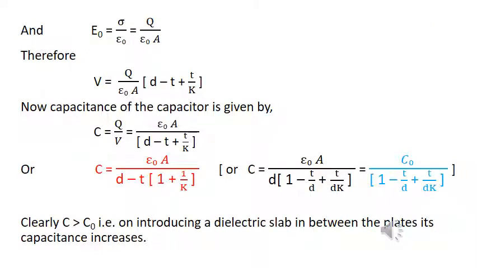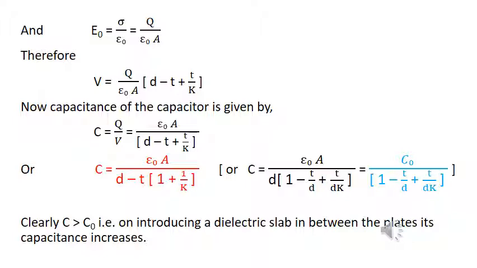Also we know that E naught is equal to sigma by epsilon naught, which is Q by epsilon naught into A. So by putting the value of E naught in the expression, we get V is equal to Q by epsilon naught A into (d minus t plus t by K).